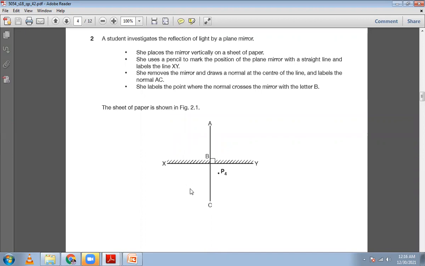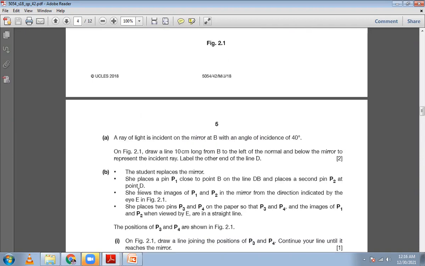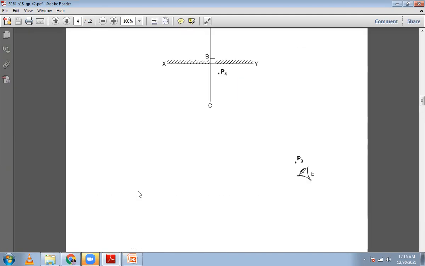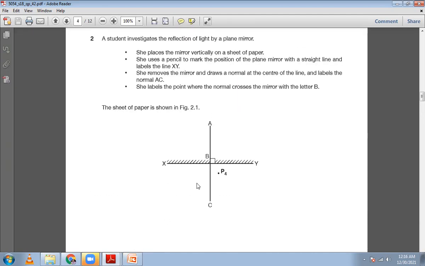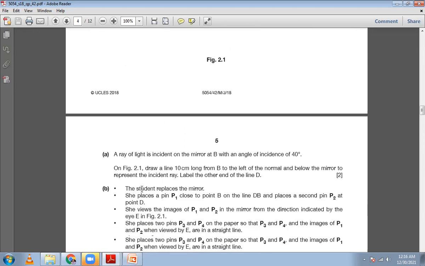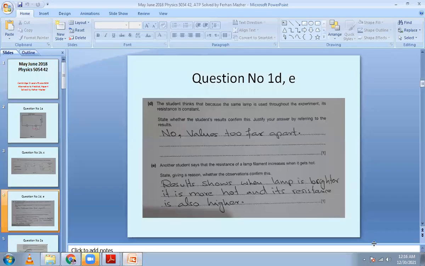They said on the left side, draw the incident ray. That incident ray should make a 40-degree angle with the normal, and that line should be 10 centimeter long. One end will be B, and the other end will be called D. So it's a 2-mark question. Let me show you how I have done this.